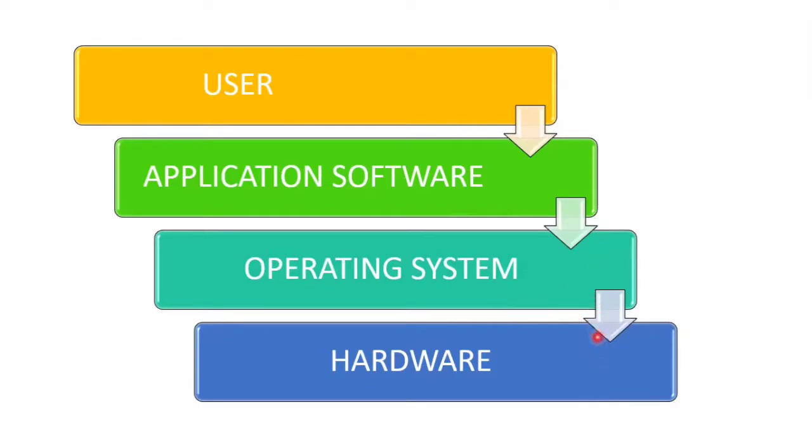From the OS, these instructions are given to the hardware, and the hardware performs and generates results. Then again these results go to the OS, the operating system, then to the application software, and finally are presented to the user. So this is all about the computer system, in which hardware and software combinedly work, take user instructions and generate the result for the user.